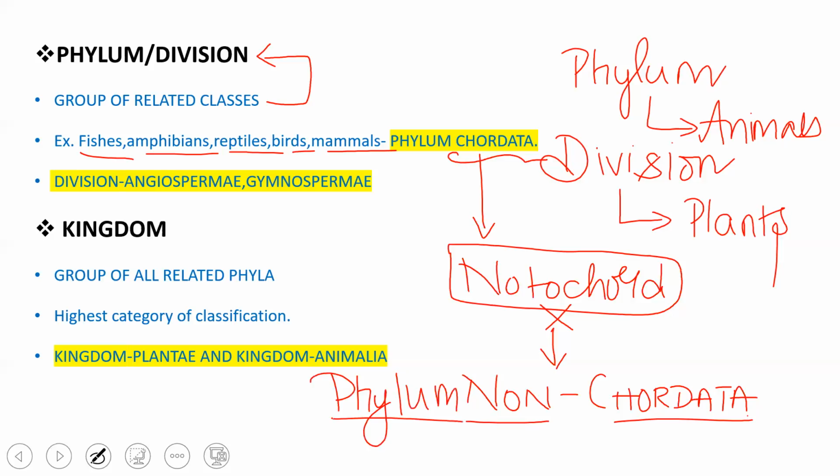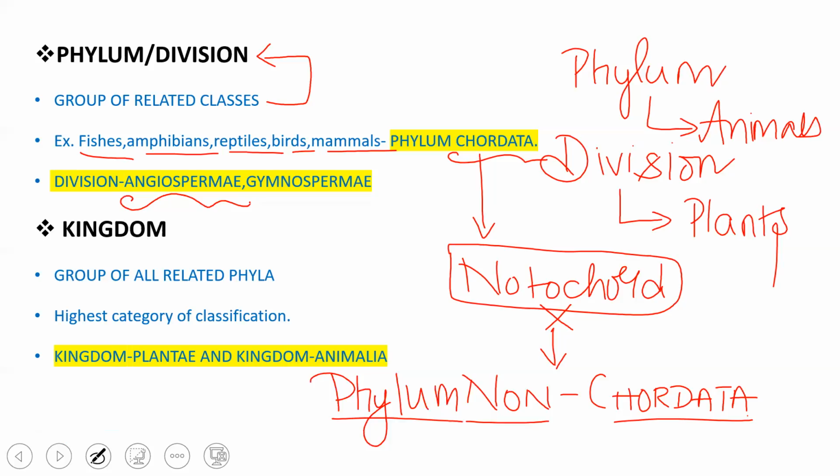So phylum chordata includes fishes, amphibians, reptiles, birds, and mammals. With regard to the plant examples, as I told you, the flowering plants are called angiosperms, or angiospermae. And there is one more group called gymnospermae. With regard to plant classification, it starts from algae, or division thallophyta.